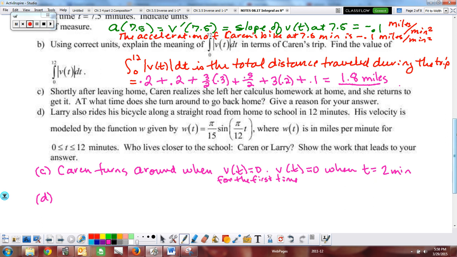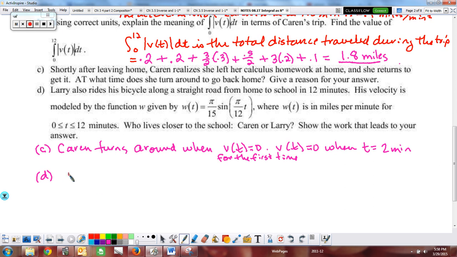Now let's think about Karen very carefully first. Karen traveled a long distance, but her total distance, which we found up here, is not her distance from school, because she traveled towards school, back home for a while, and then started again.